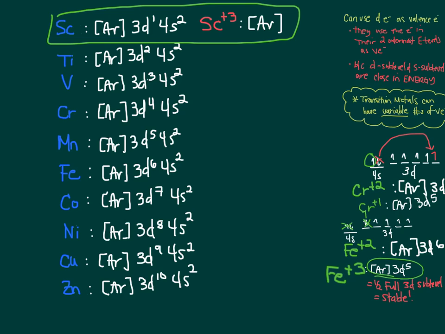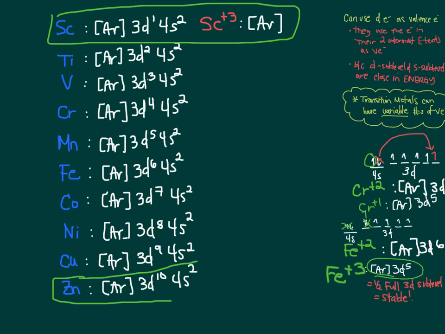And the other notable exception is zinc. So let's talk about what happens with zinc. If you look at zinc, zinc has a full D sublevel. It has 10 electrons in its D sublevel, and that's completely full. So it's not going to want to really give up any of those 10 electrons as valence electrons.